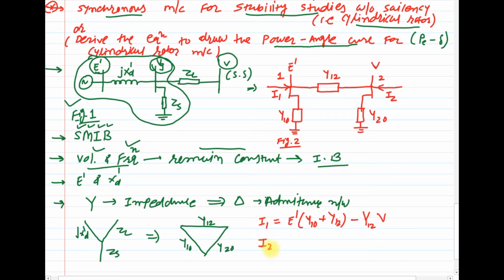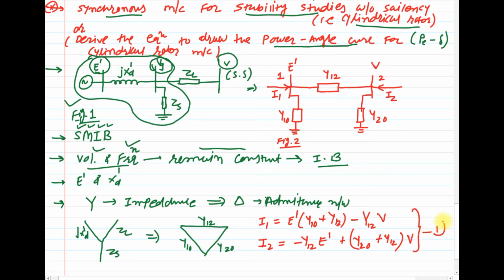The second one: just recall the theory which we have derived for the nodal method for the formulation of the bus admittance matrix. The same theory we have applied here. I2 is equal to minus Y12 into E dash plus Y20 plus Y12 into the second node voltage, which is V. Clear?